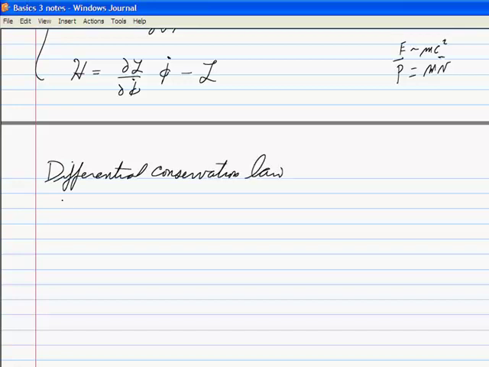If I take the partial of h with respect to t plus del dot this script P, that is equal to 0.